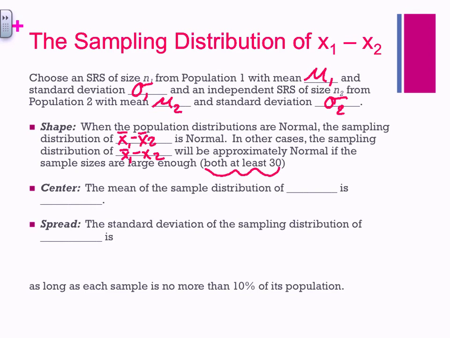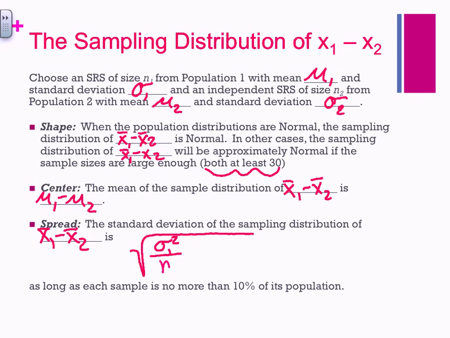The center is going to be the difference between their means. And then the spread is notated a little bit differently. The nice thing is that this is on your reference page, so you don't have to remember it, you just have to know how to use your reference page.